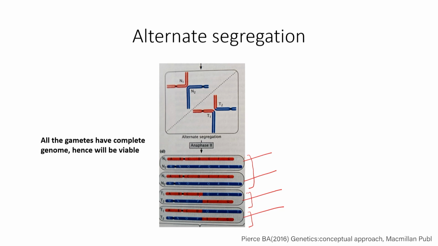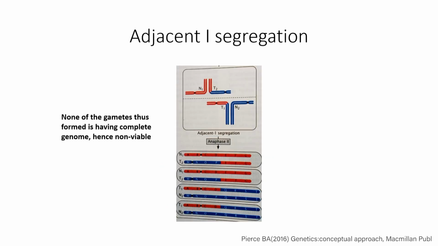This part of red here, the rest of the red is here. Again the same thing. That means in all of them, they have the complete genome, hence each one will be viable. They will not die. The adjacent one, let us see what will happen.